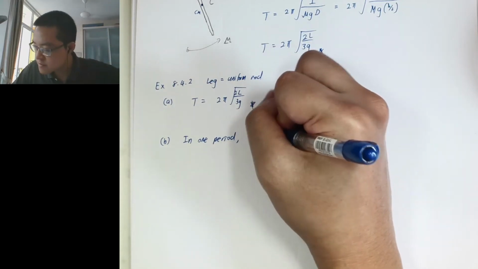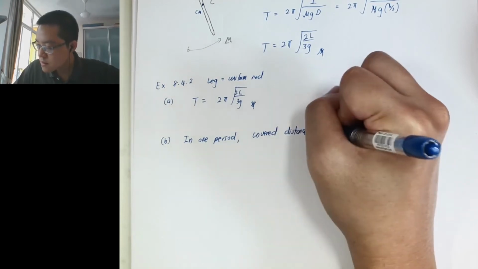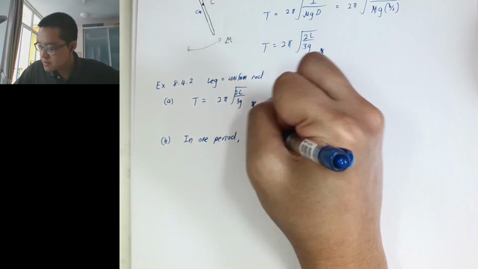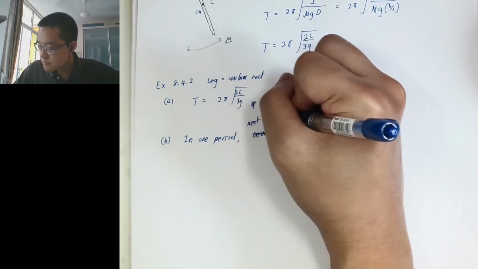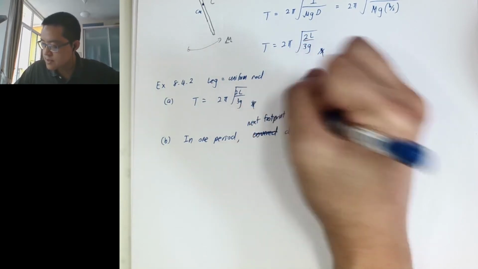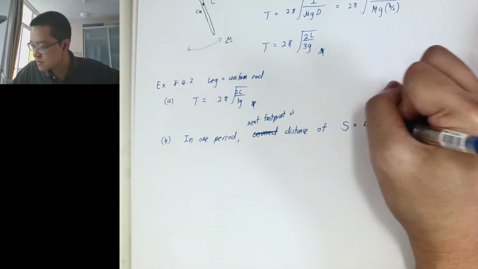It covered a distance of travel, so the next footstep is at a distance, they call it S, equal to 4 meters.